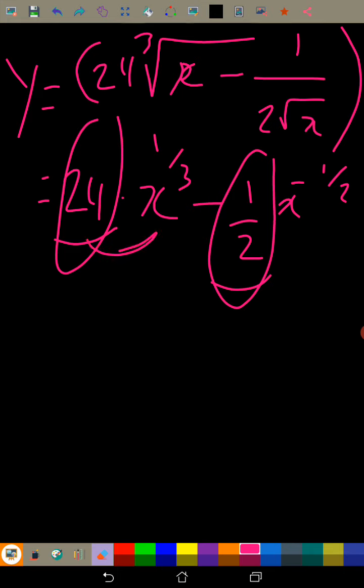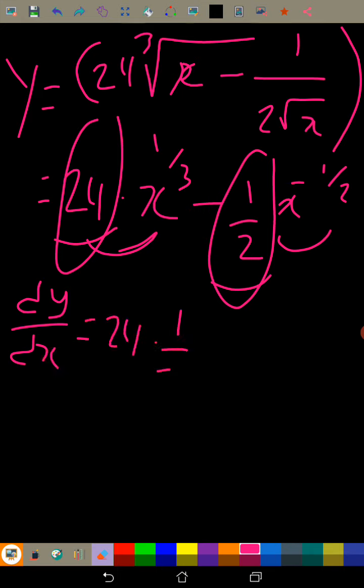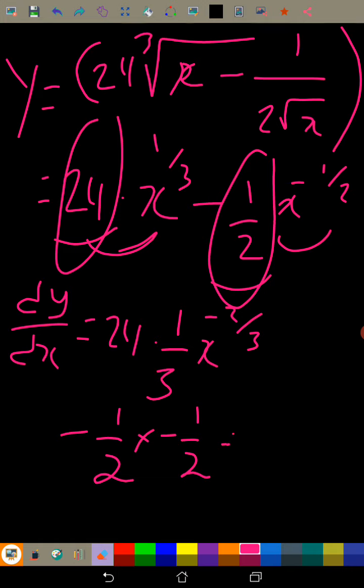If we do dy by dx, we'll have 24 times 1 over 3, that's going to be x to the minus 2 over 3, and the other part will be minus half times minus half, x to the minus 3 over 2. So that's what we have.